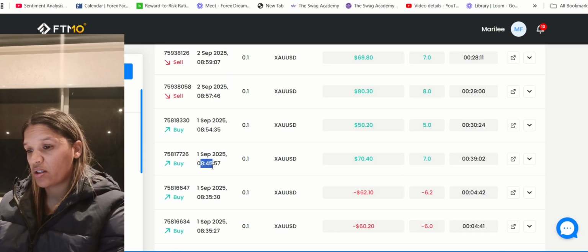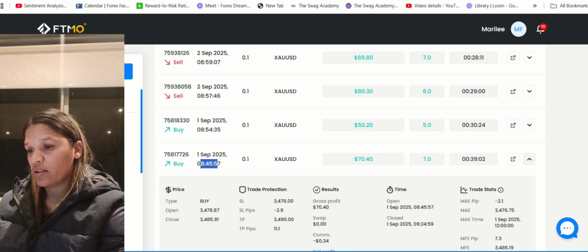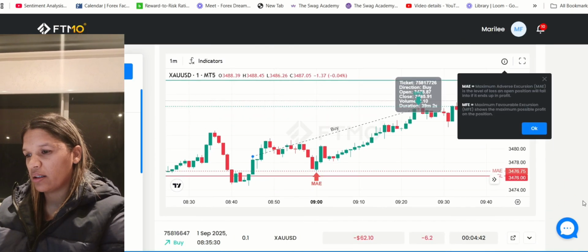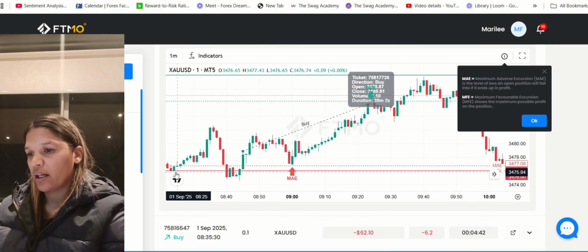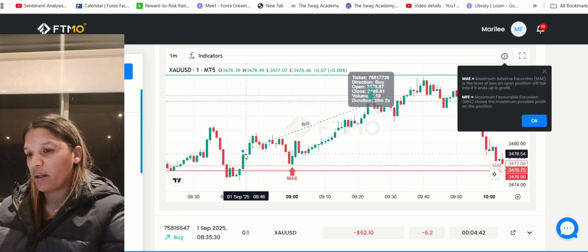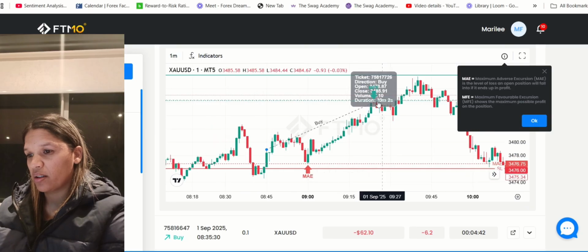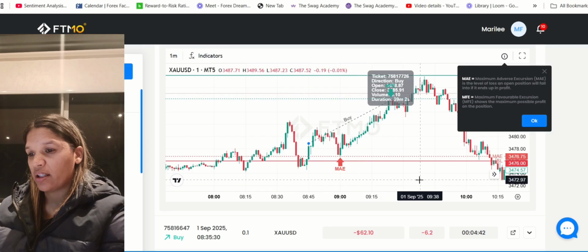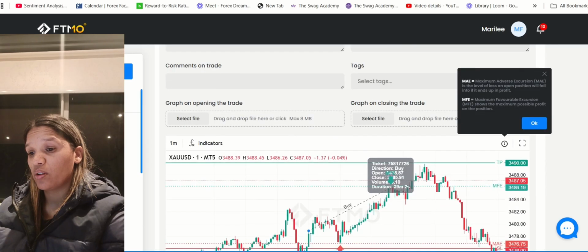As you can see, we can check where I entered. Let's check here. I entered right here after this break, and I exited the trade. My TP was actually here all the way up here. So then I recovered that. That's how I actually closed the day.